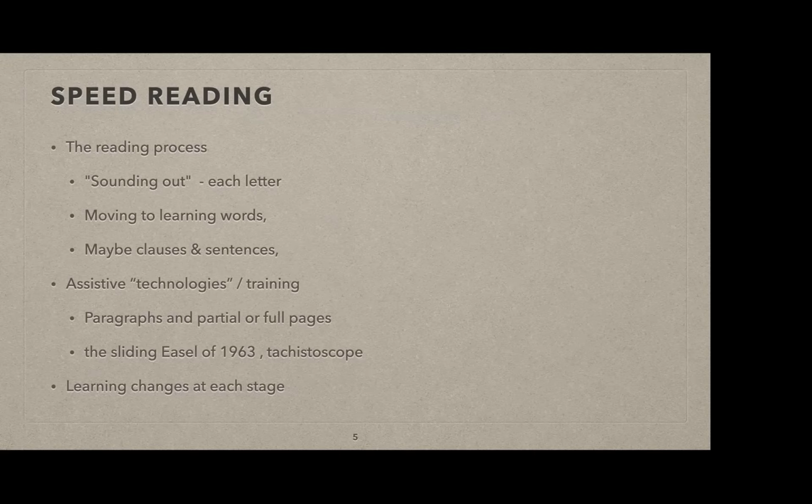S-L-O-W. So if your first word is "a," that's "a slow." And then you go on to learning words. And this again appears to be native in human children, which is the ability to memorize the sound of a word, the phonemes of a word, and hear "slow" when you see that presented to you for reading.